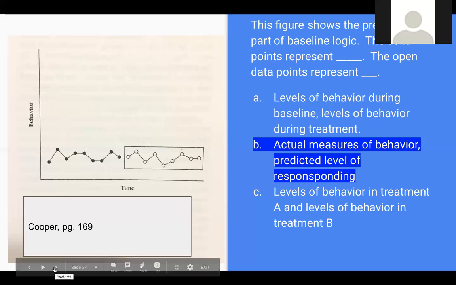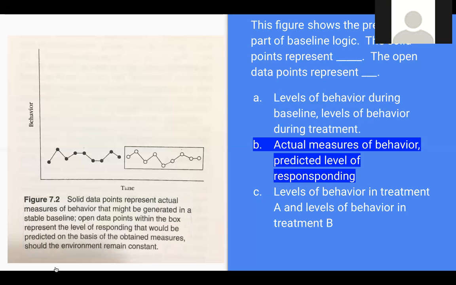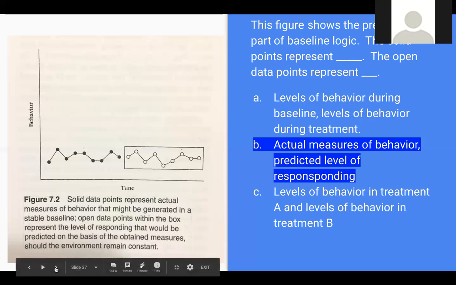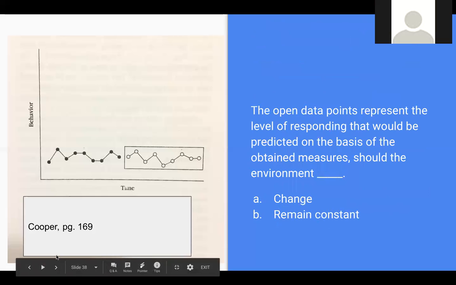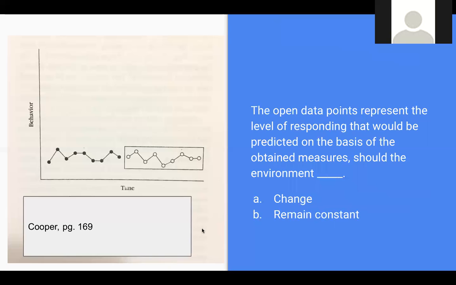Yeah, right? So you guys are saying the open dot, whenever it's not shaded in, that's the prediction? Correct. Only the ones that are filled in are the actual data. The open circle is just predicted if you did not start the treatment. That's the direction the data would have continued. Right, but you have to be careful. I've seen open dots like that used as a real mark.